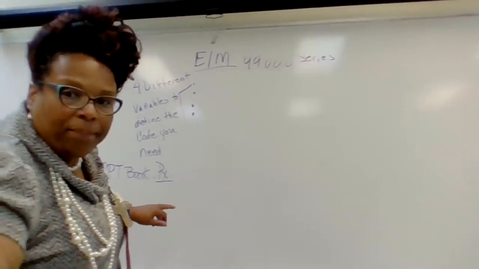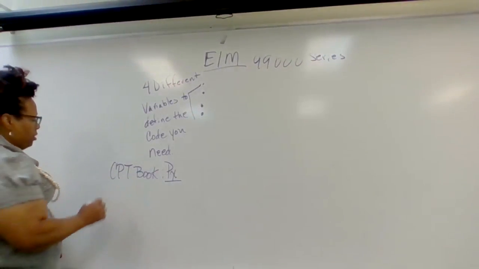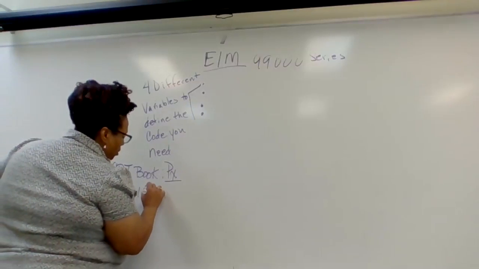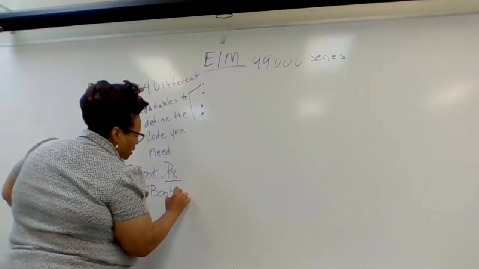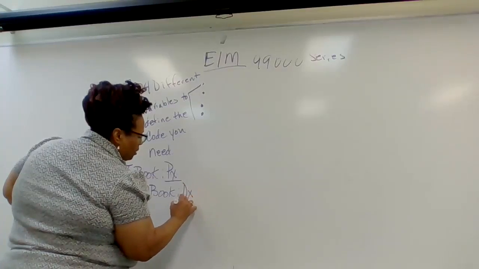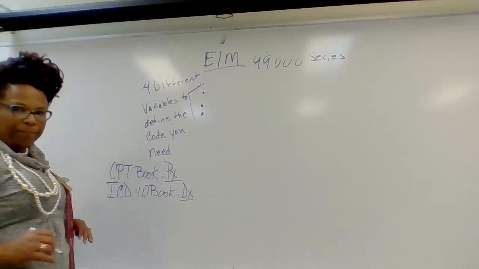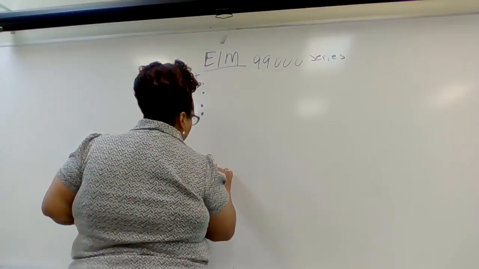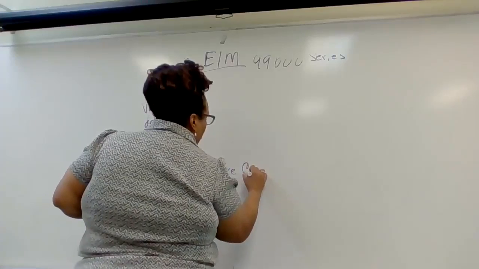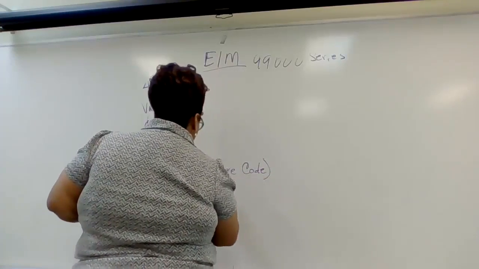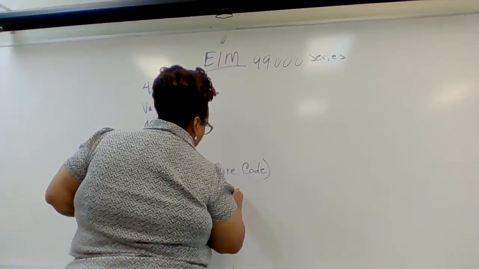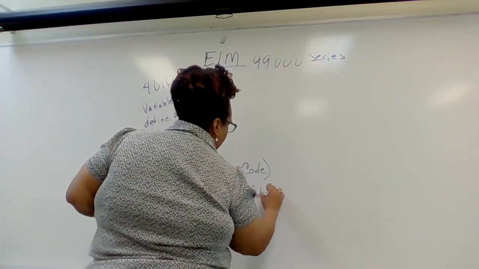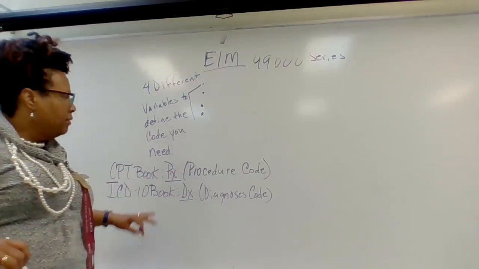Your ICD-10 book tells about your diagnosis code. That's DX. PX means procedure code in abbreviation, and DX means diagnosis code. I'm going to erase this in a minute.